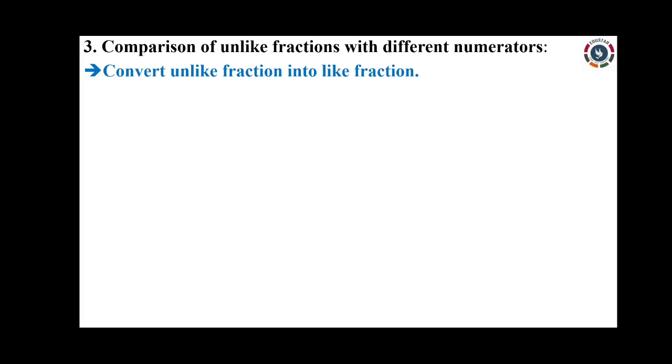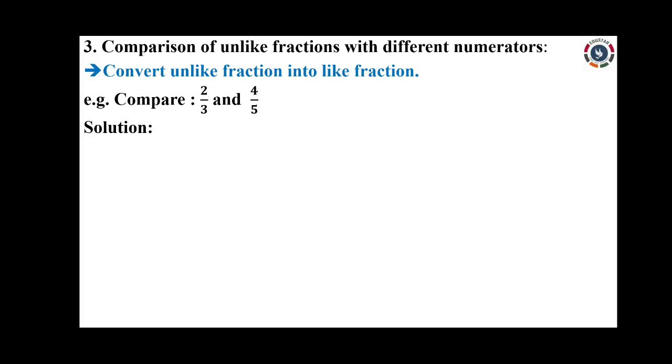If both are different, with that we cannot find which fraction is greater and which is less. So, for that, first we have to convert the unlike fractions into like fractions. If we convert the unlike fractions into like fractions, only then can we easily compare.